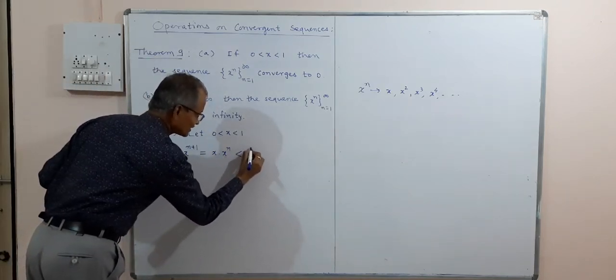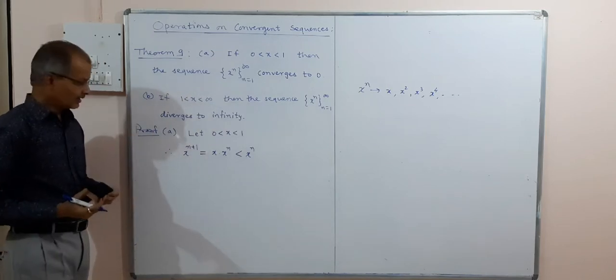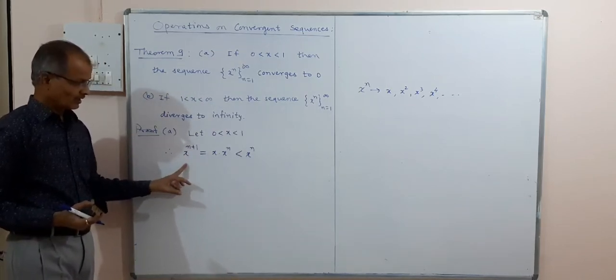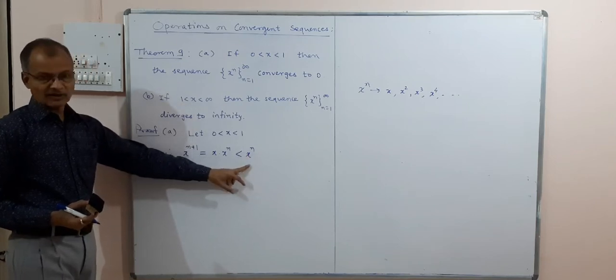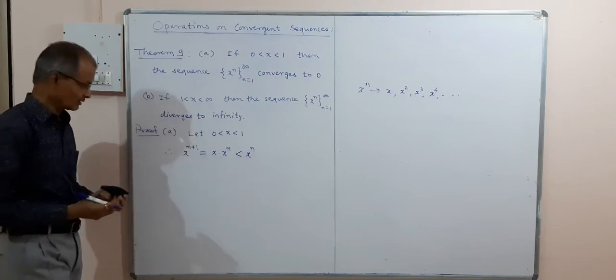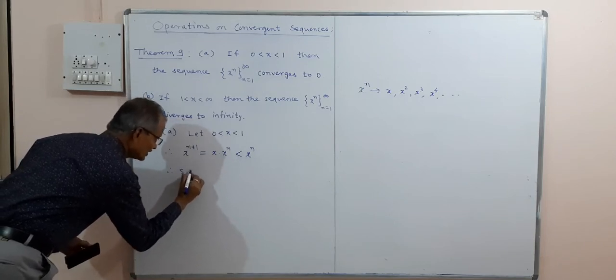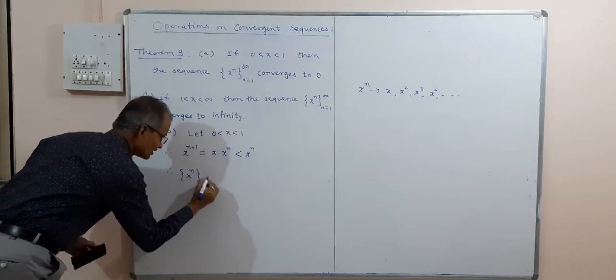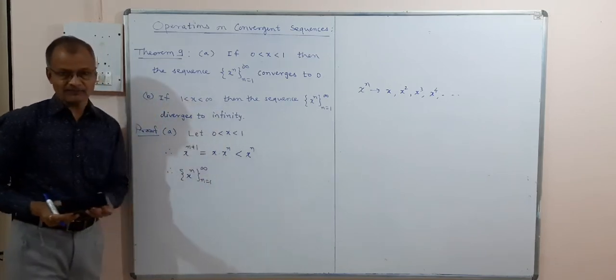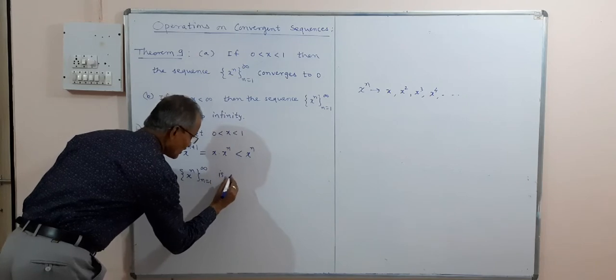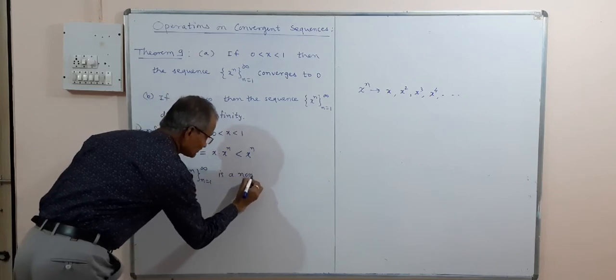That is, this is less than x raised to n. This means the (n plus 1)th term is less than its nth term. That means the sequence is non-increasing. Actually it is decreasing, but we use the word non-increasing.